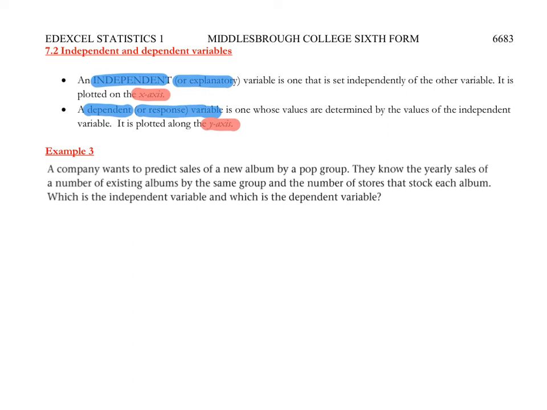So, the sales, that's one variable, and the stores that stock the album is another variable. So we've just got to decide which one is dependent and which one is independent.